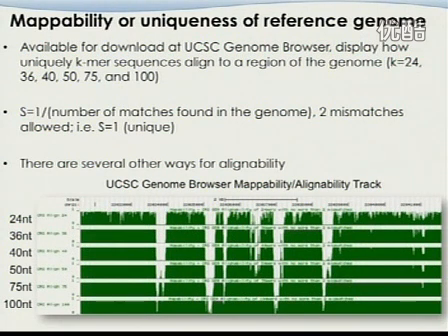Does that make sense? So you can see that for the 24 nucleotides, there's some part that cannot really be mapped, and the mappability starts to drop. But once you get to 100 nucleotides, the mappability is really, really good across the entire region, except for a couple of regions that, no matter how you try, it's probably not going to be fixed. Okay?